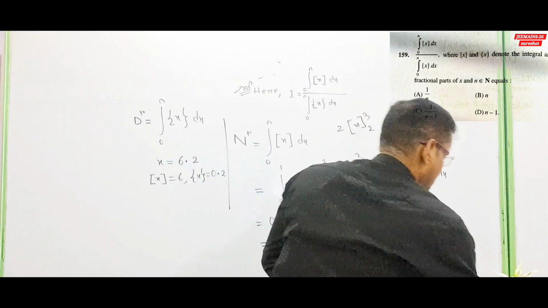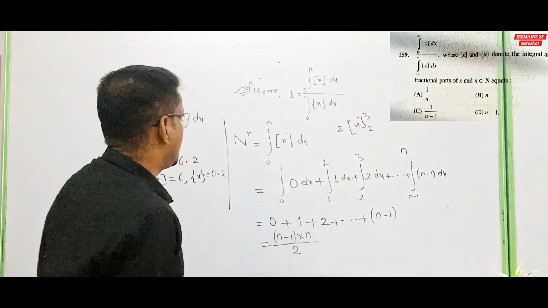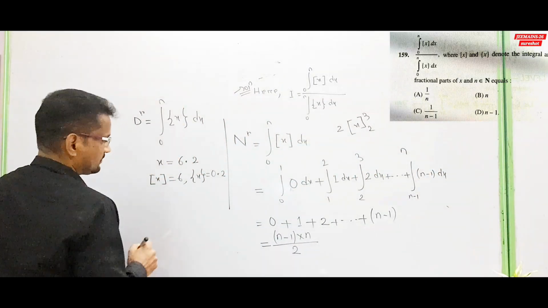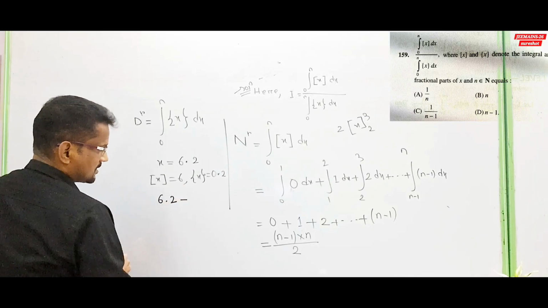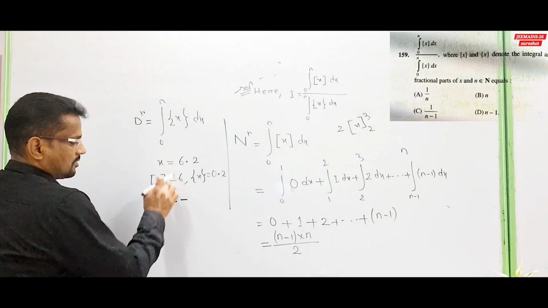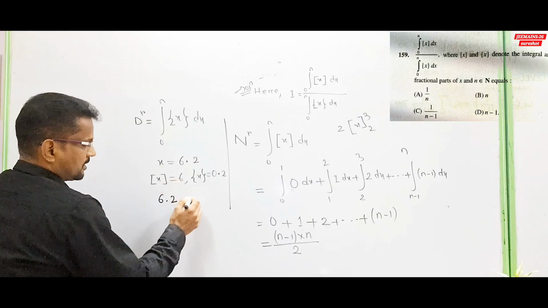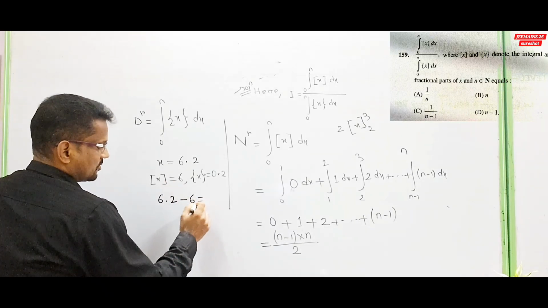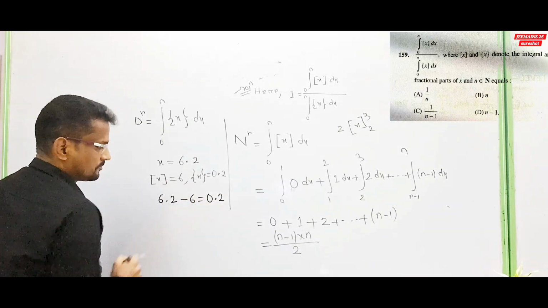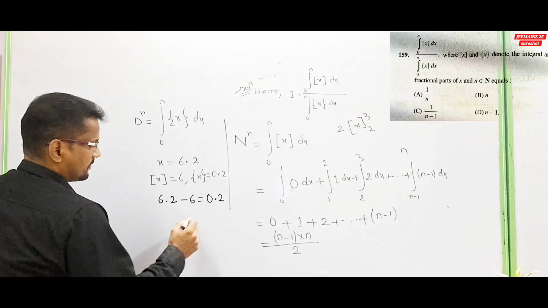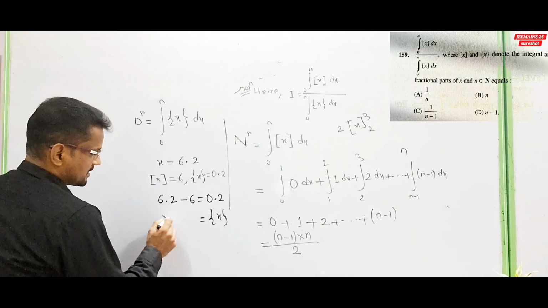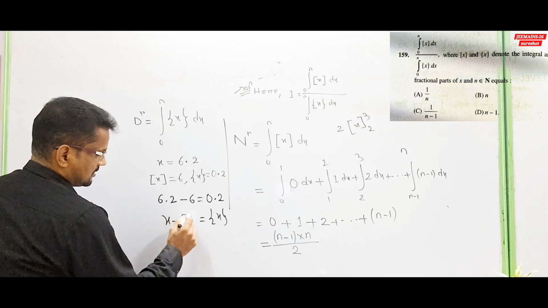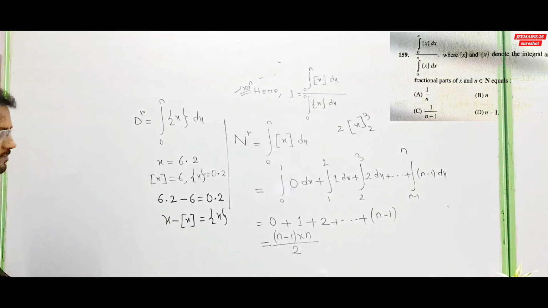Now if you subtract the integral part from x, that is 6.2 minus 6, that's equal to 0.2. So this is your fractional part, and on the right-hand side it is x minus the integral part of x.